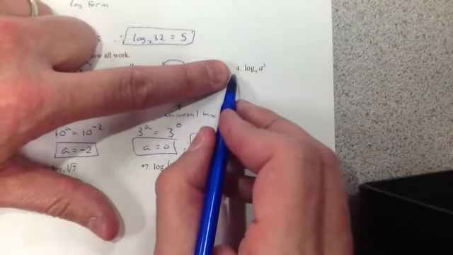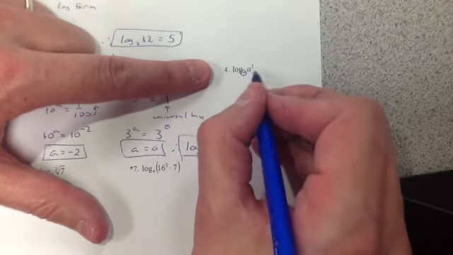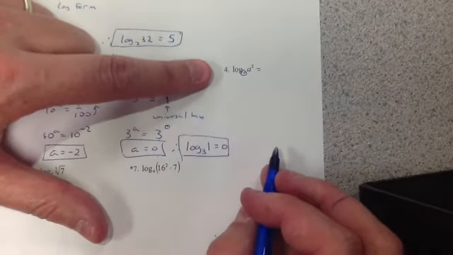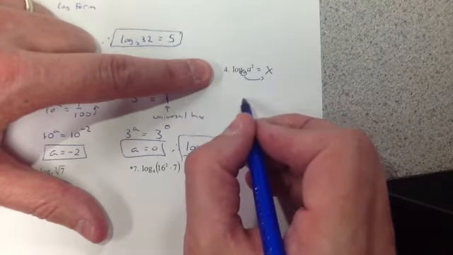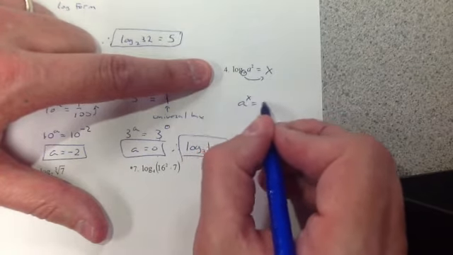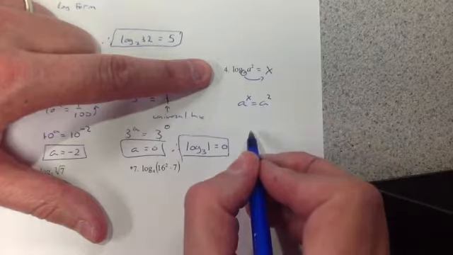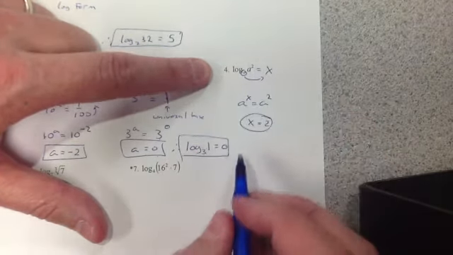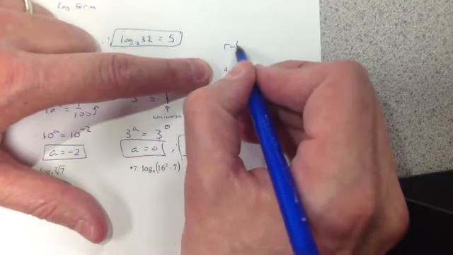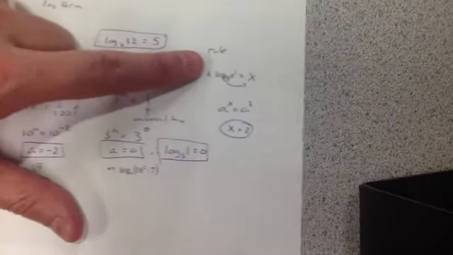All right. Oh no, here's number 4. They're using a. Mr. Wernow, what do we do? Pick a different variable. Let's use x. So we're going to go a to the x equals a squared. What does x equal? 2. Now, there is a rule for this one right here, and I'm going to show you this one.